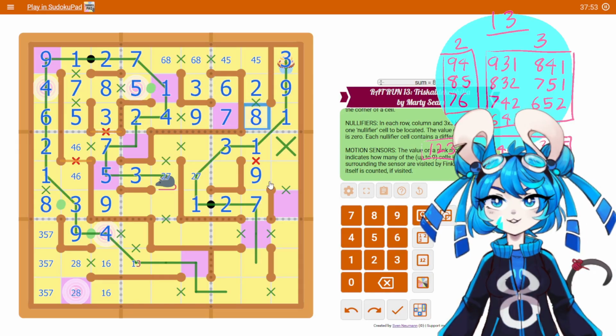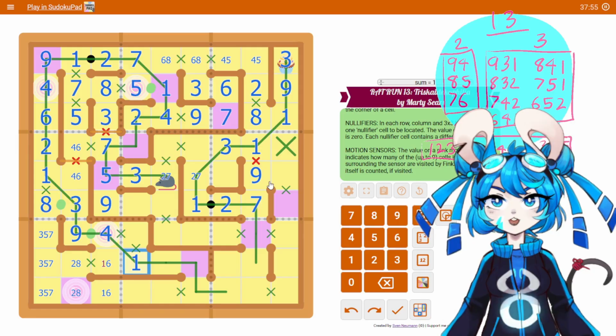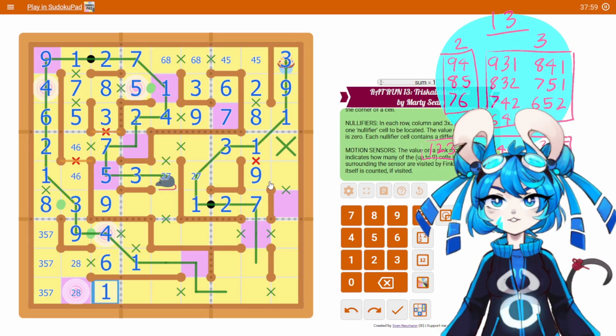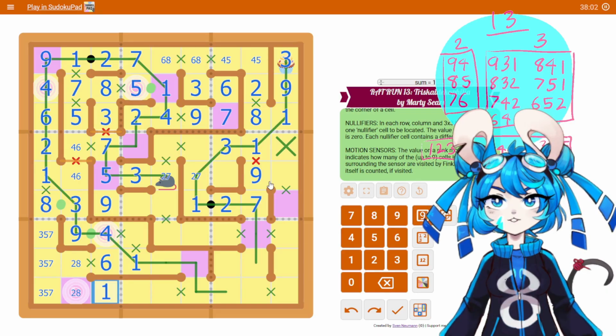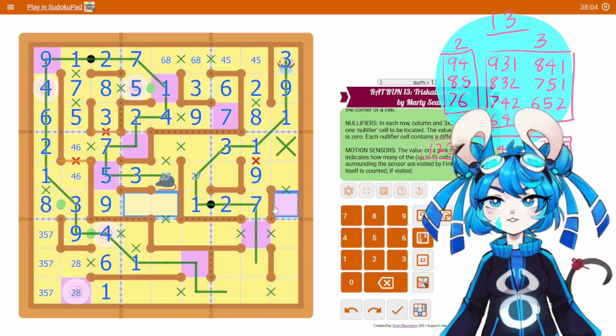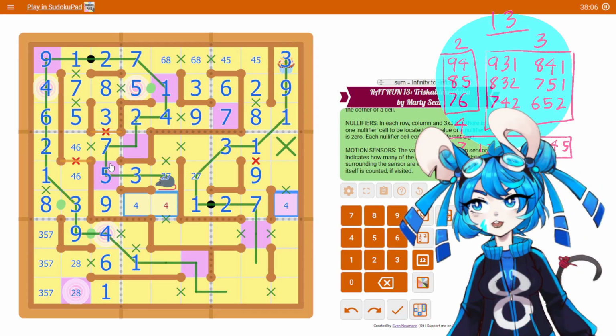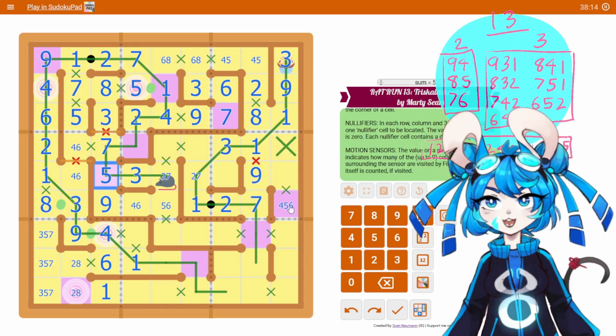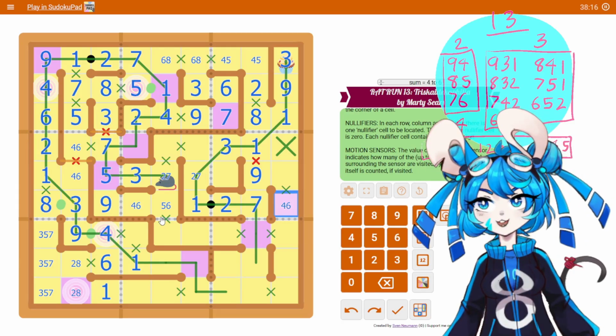3, 1, 6, 2, 1 here. 6, 1, 1. These 3 digits are 4, 5, 6. Yes. This cannot be a 5 because it's a nullifier cell.